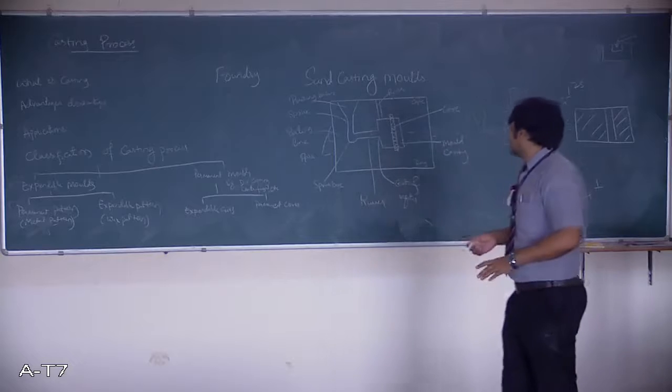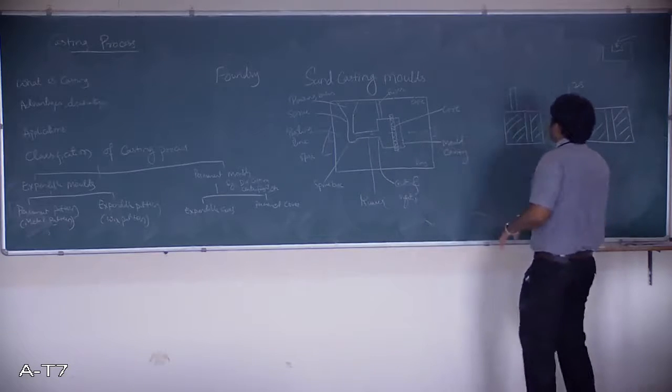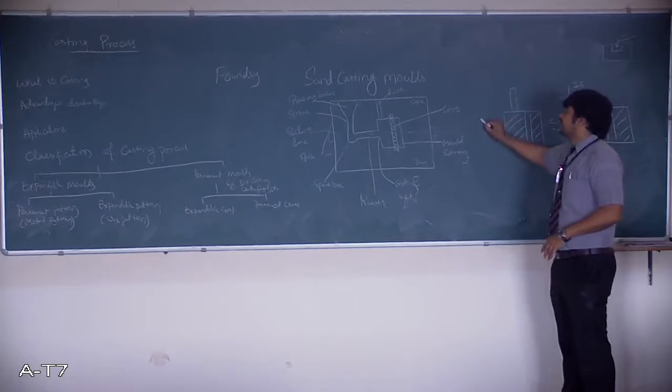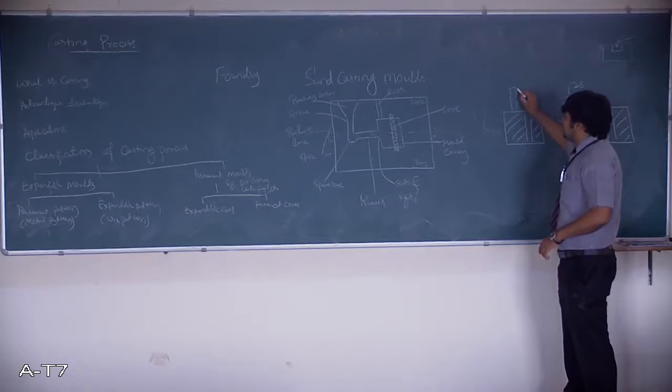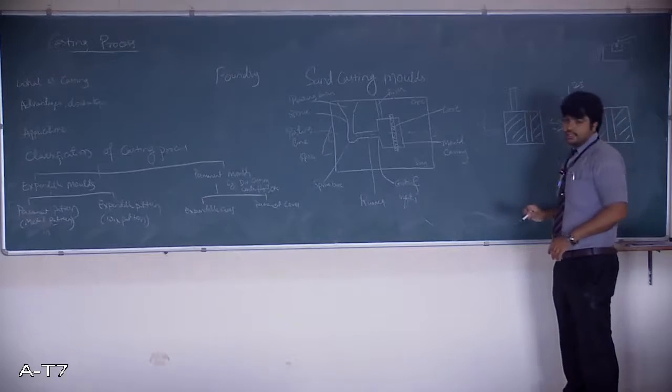Here you can see, once the casting is solidified, you are going to get the metallic casting like this. Along with that, the riser, where this portion is not present over here, or the dimension is reduced, it is because it has fed the molten metal to the casting. This line is called hatching. The hatched line indicates the solid part, whereas the unhatched part indicates the hollow part.